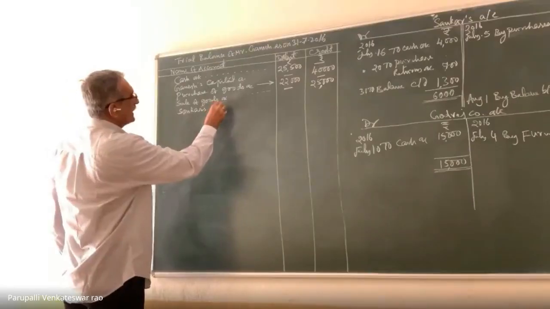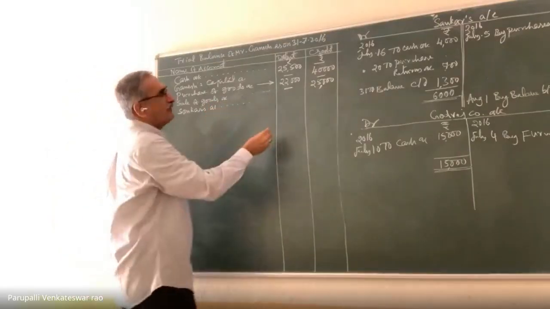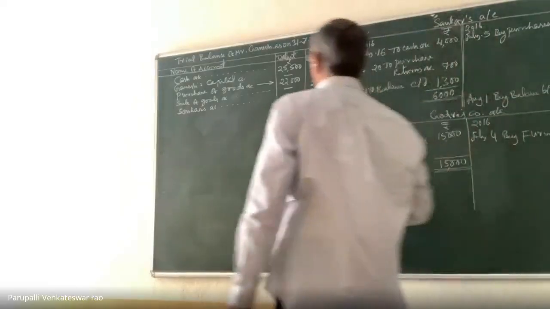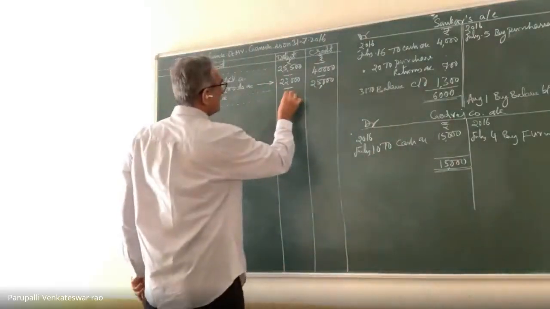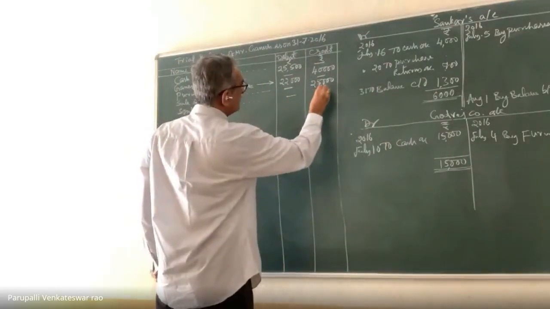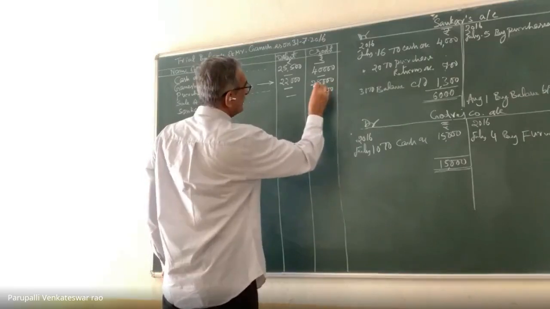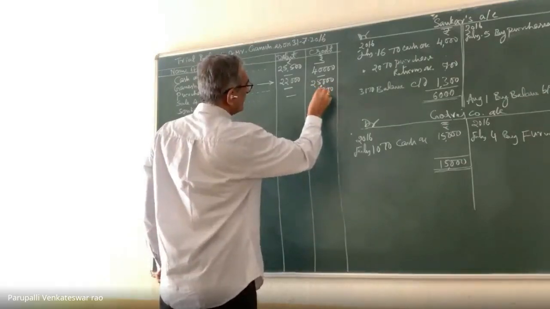It is showing a credit balance of 1,300. So write 1,300 rupees in the credit column.